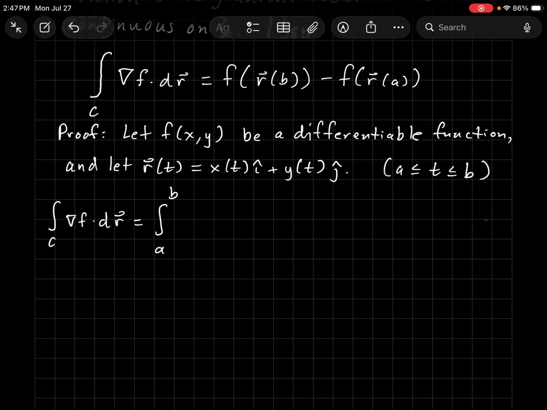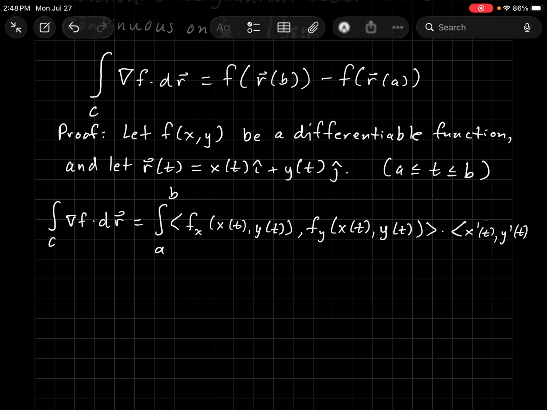Okay, so the gradient is going to be the vector f sub x of x of t, y of t, comma f sub y, or the partial with respect to y, of x of t, y of t. And then dot with r prime, or dr, which is going to be x prime, comma y prime, and of course dt at the very end.